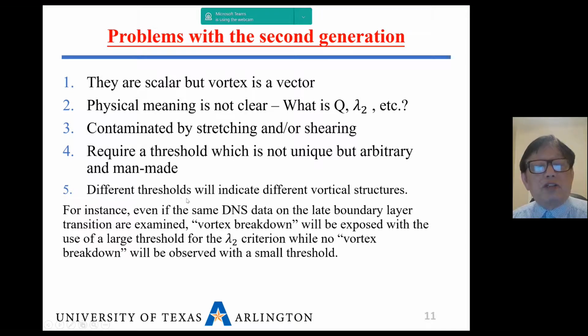Different thresholds will give different vortex structures. For instance, even for the same DNS data on the late boundary layer transition, if we pick a large threshold of Lambda 2, we get a vortex breakdown. However, if we pick a small threshold, all the vortices are linked. There is no breakdown.